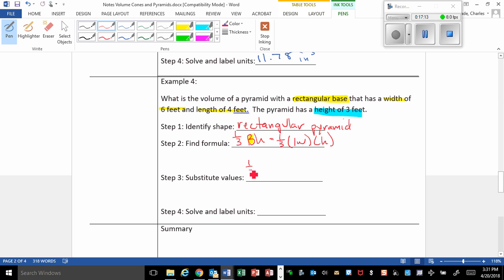So you're going to get 1/3, 6 times 4, and a height of 3, which is going to equal 1/3, 24 times 3, and that's a 4 there.